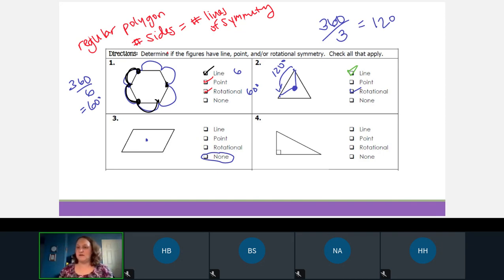Okay, and I'm going to need an answer on this one. So if you're not answering, I'm going to assume you're not there. If you don't see the poll, go ahead and answer in the chat.